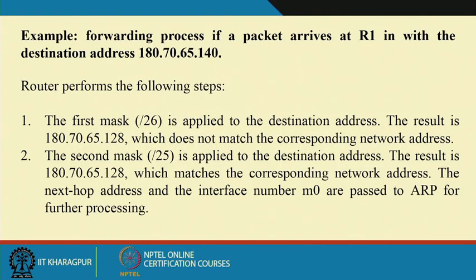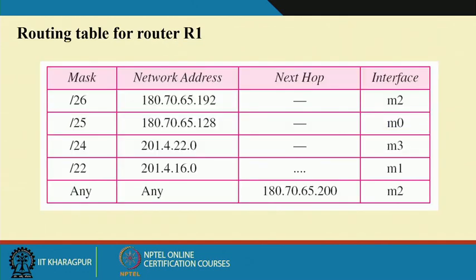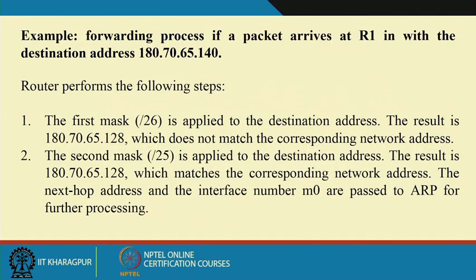Like an example of the forwarding process: the packet arrives at R1 and the destination address is 180.70.65.140, right. So, it first applies /26, because as you remember, we want the longest prefix first. So, 26, 25, 24, 22. First it applies /26, and the result is 180.70.65.128.